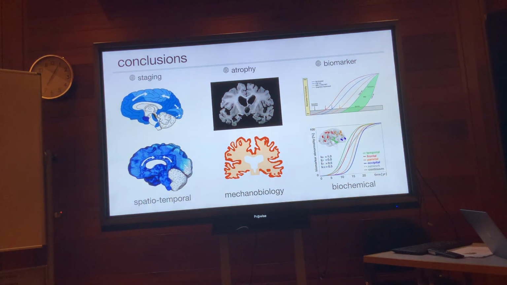So, the last slide of conclusion says what we are challenged with: we try to understand the staging, atrophy, and the biomarker. And I think now what we have is a platform to try to understand more specific diseases, specific conditions, and how they are related to cognitive decline.